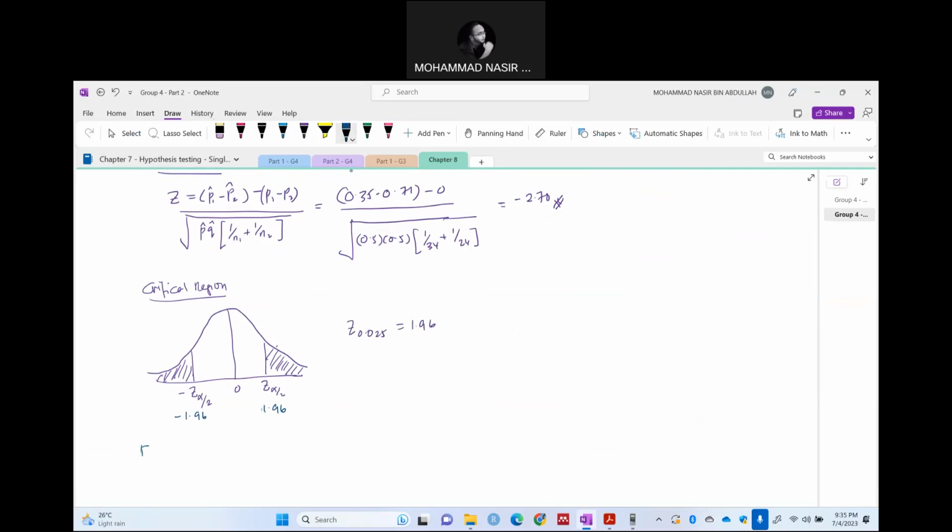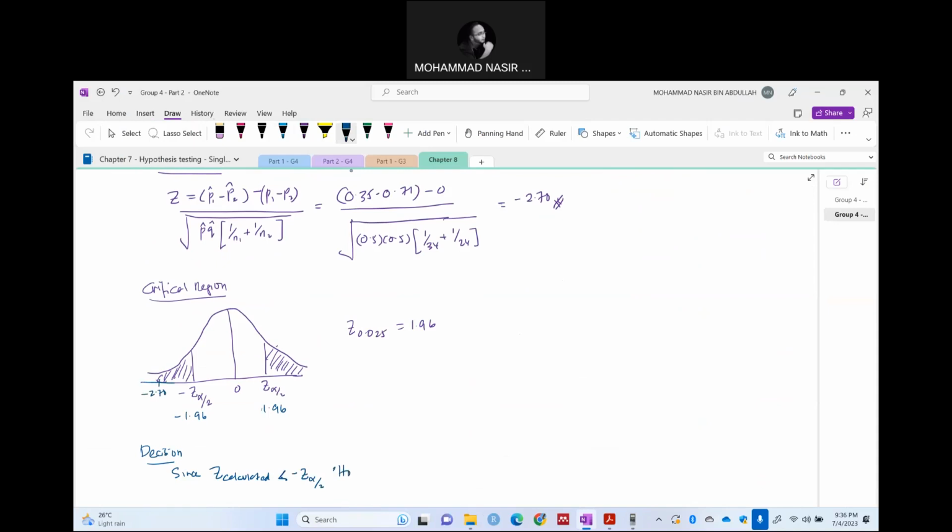And our decision is, since Z calculated is less than negative Z alpha divided by 2, so negative 2.7 is somewhere here, right? It lies inside the rejection area.